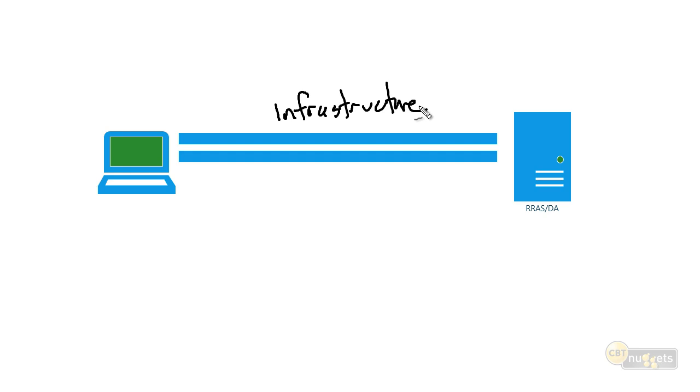The first one, the infrastructure tunnel, is designed to provide the client computer with access to domain name services, so DNS, and this is on the corporate network side of things, to Active Directory, so that's your Active Directory Domain Services, domain controllers, any other infrastructure and management servers you need, and that can include Network Access Protection, so your network policy servers, something we're going to talk about in an upcoming nugget actually.